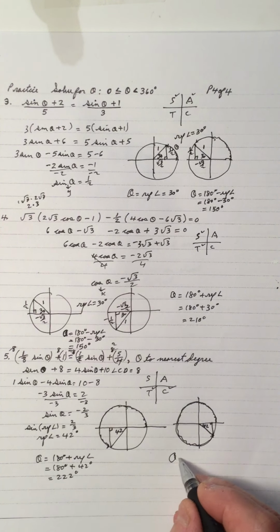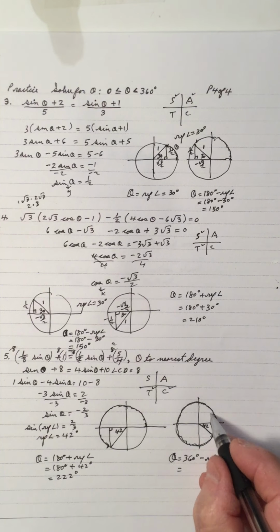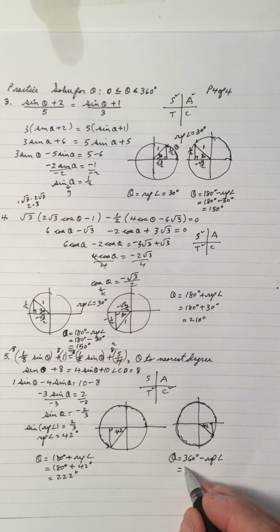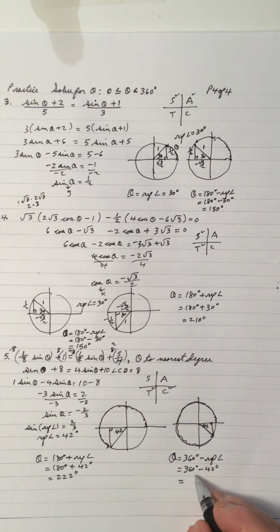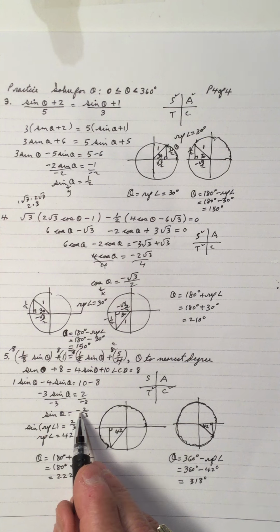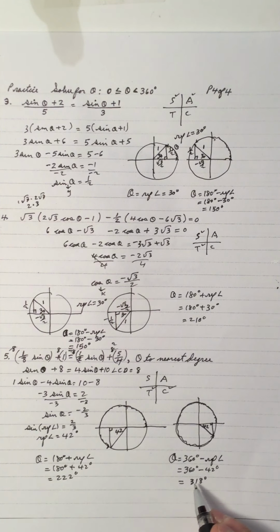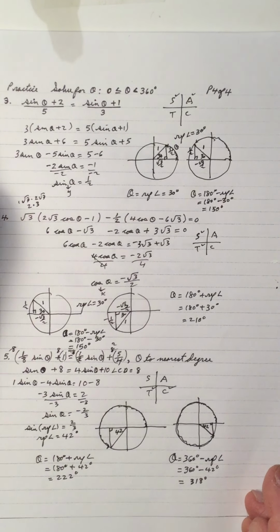So theta in the fourth quadrant is 360 minus the reference angle. So at 360, come back 42 degrees, and that gives 318 degrees. If we check the sine of 222, you get negative 0.6666. The sine of 318 also gives negative 0.666.